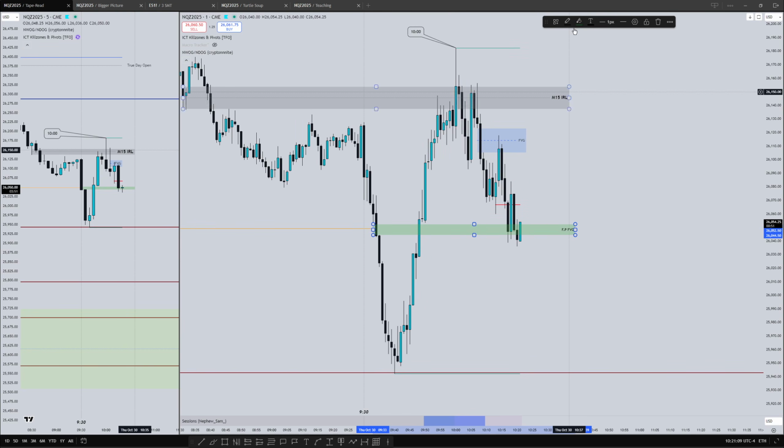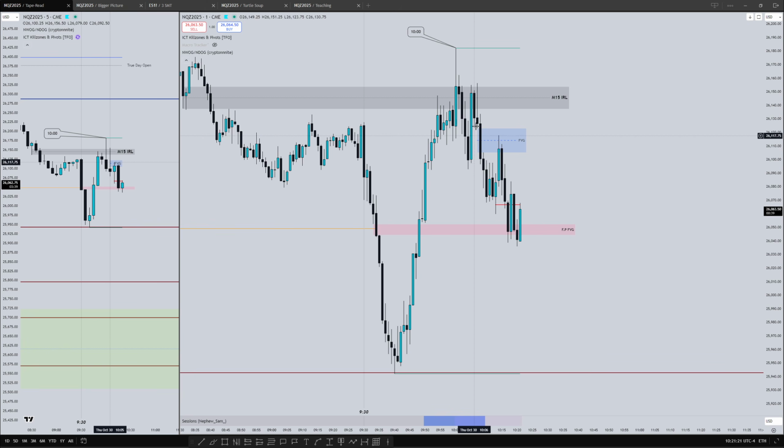But we'll have to see, does this want to be used as inversion here? It is definitely a choppier way down. I'm mindful of that. Mark out those sell side pools.